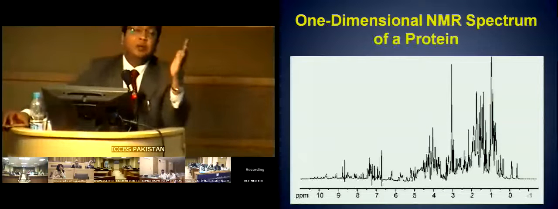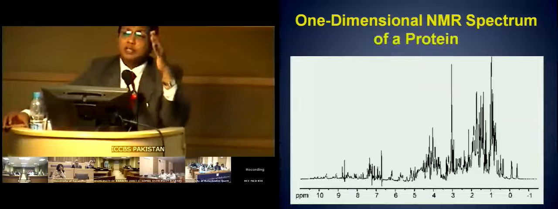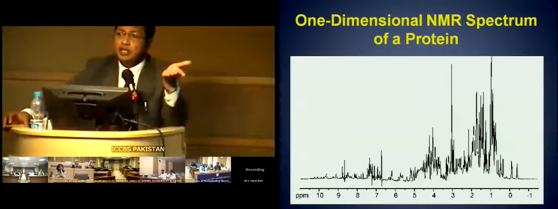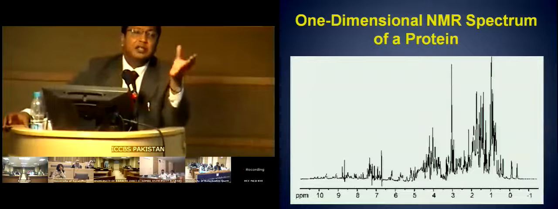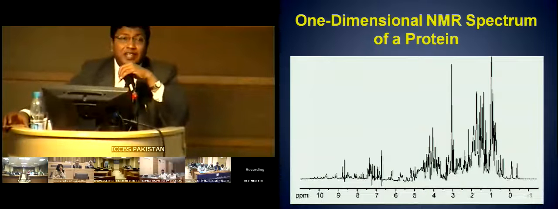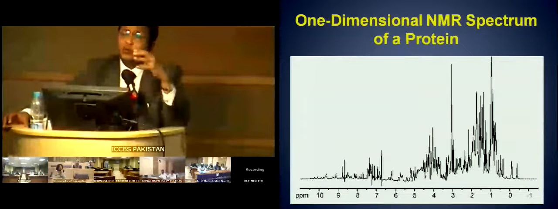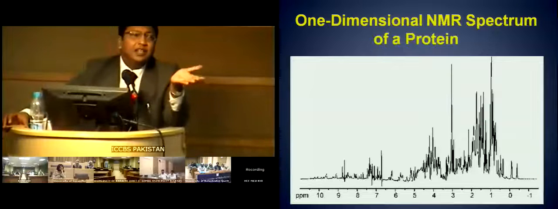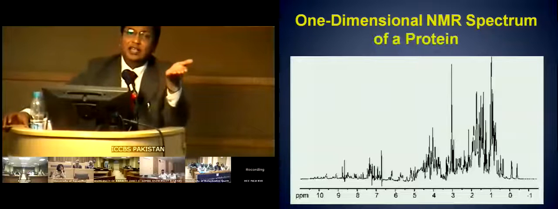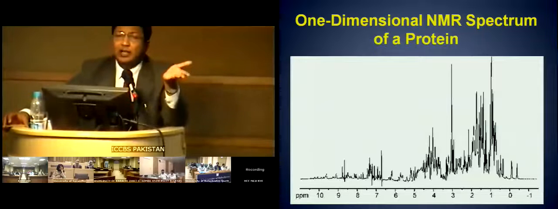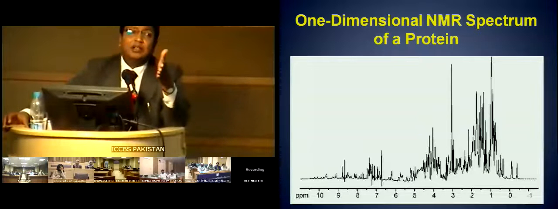So when people had solved the problem of sensitivity, they were faced with the problem of interpretability. This was the dilemma of NMR spectroscopy: from 1946 to 1970, struggling to improve the sensitivity of the technique, and back in the early 70s they realized that despite doing all of it, it is the interpretability which is a problem.